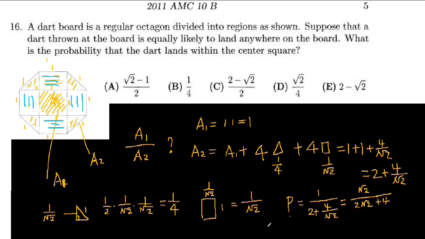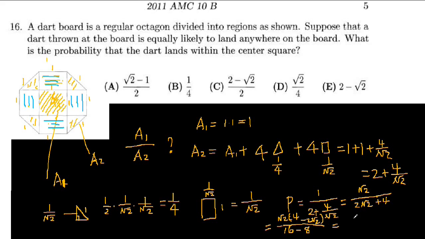And if you multiply by 4 minus 2 square root 2 on both sides, you're going to have 4 minus 2 square root 2 divided by 16 minus 4 times 2, that's 8.